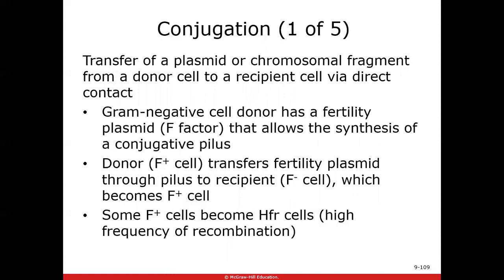An example is a gram-negative donor cell that has a fertility plasmid, the F factor, which allows for the synthesis of a conjugative pilus. The donor, the F positive cell, transfers the fertility plasmid through the pilus to the recipient, the F minus cell, which becomes an F positive cell.